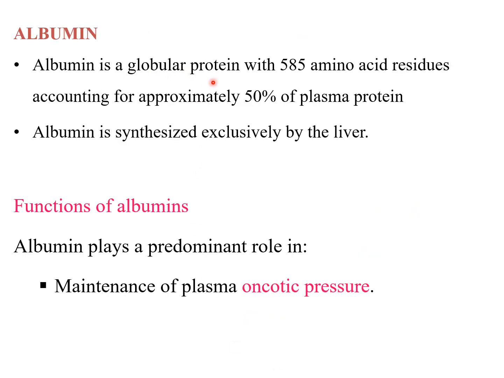Albumin is a globular protein with 585 amino acid residues accounting for approximately 50% of plasma protein. Albumin is synthesized exclusively by the liver.